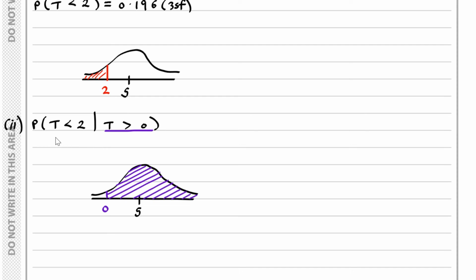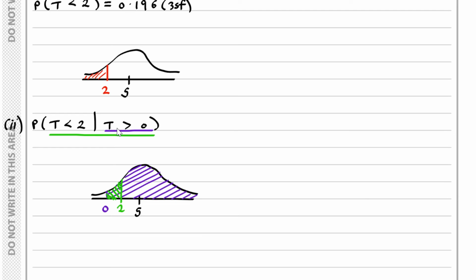Essentially, if I underline the entire bit, we've got this 2 over here somewhere, and we're looking at the probability that t is less than 2 given this bit over here. So what we're looking for is essentially this area over here. Okay, so that's the probability we're looking for.